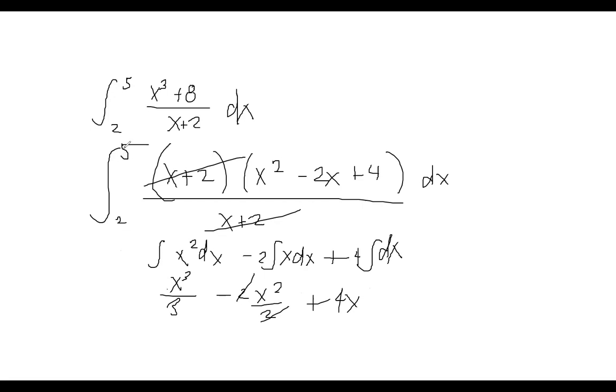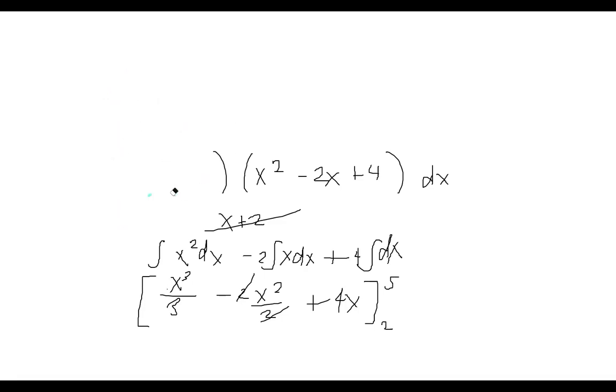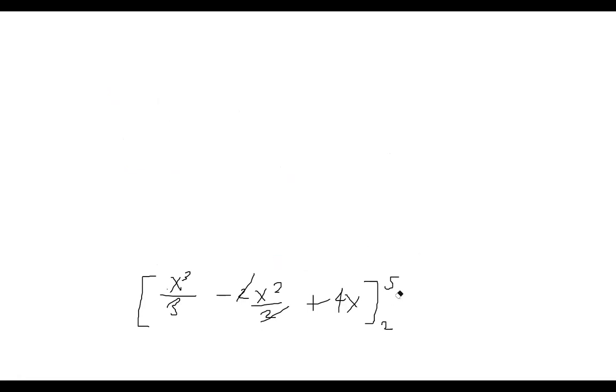Since we have 2 and 5, how do we get the value? We just substitute these values into each term and subtract. Let me show you.